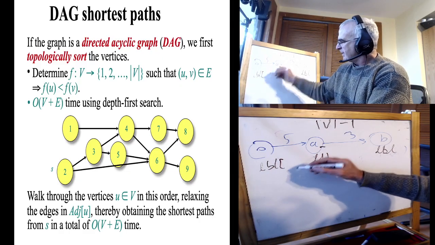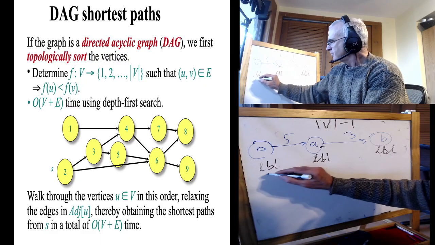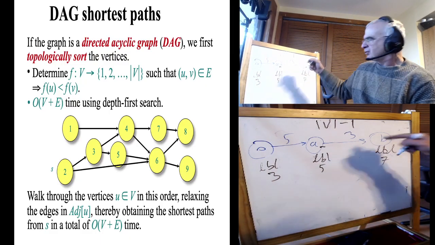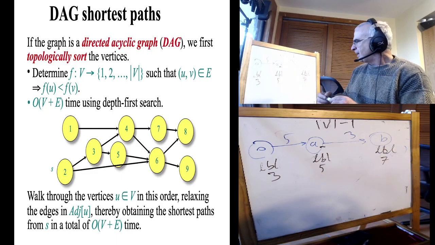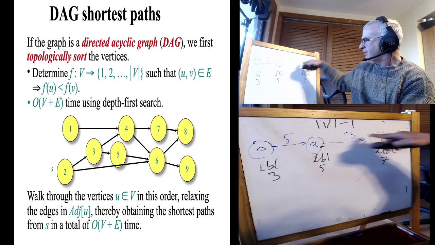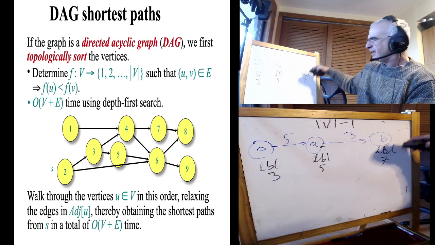That the label must go up. So maybe that's 3, that will be 5, that will be 7. I'm not sure that they jump by 1, but I'm sure that they must increase as I'm walking along the shortest path from any vertex to any other vertex.